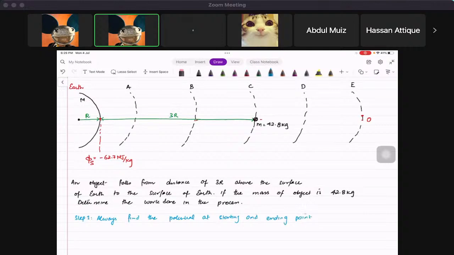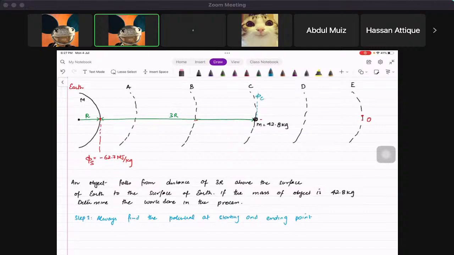Now the end is the surface, and we already know the potential at the surface, which is minus 62.7. So we need to know the potential at C, because if we get it, then we can find the change, right?